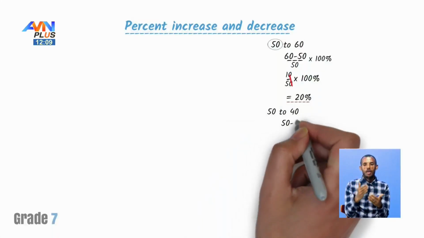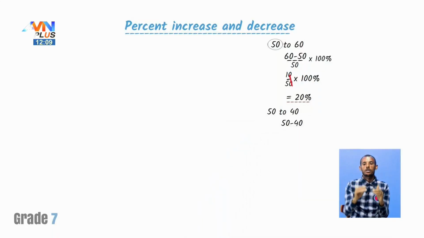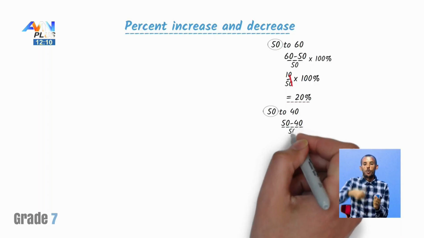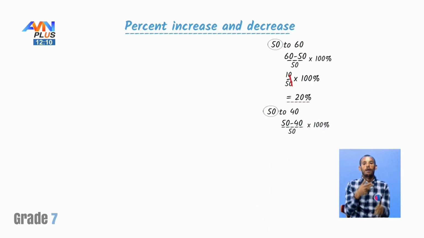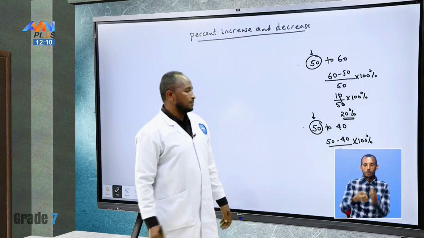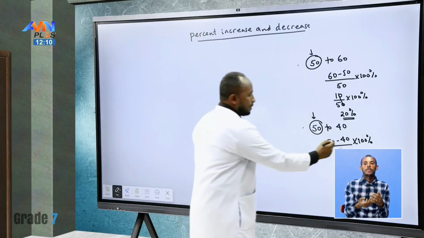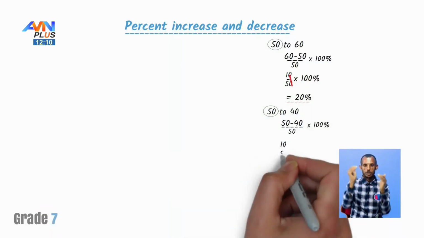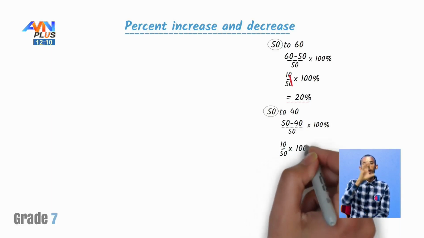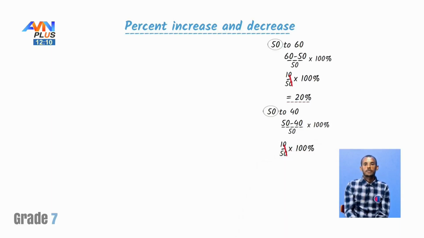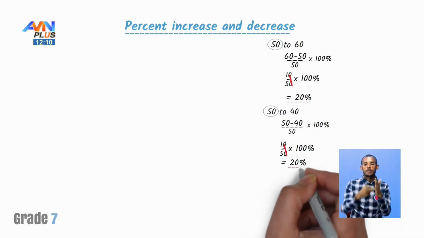Find the decreased amount by subtracting the smaller from the bigger one, then compare it with the original quantity 50, and multiply by 100% to convert into percent form. Therefore, 50 minus 40 is 10 over 50 times 100%. This cancels out, 100 over 5 is 20%.